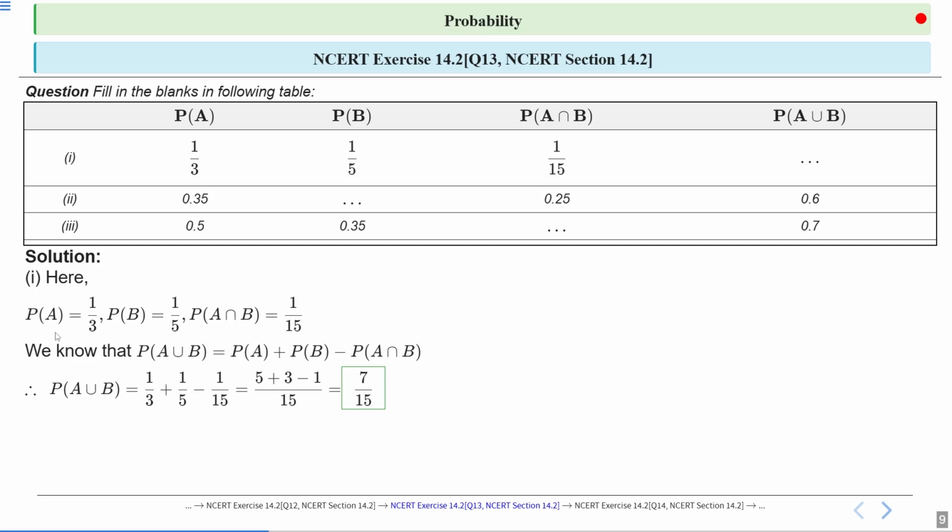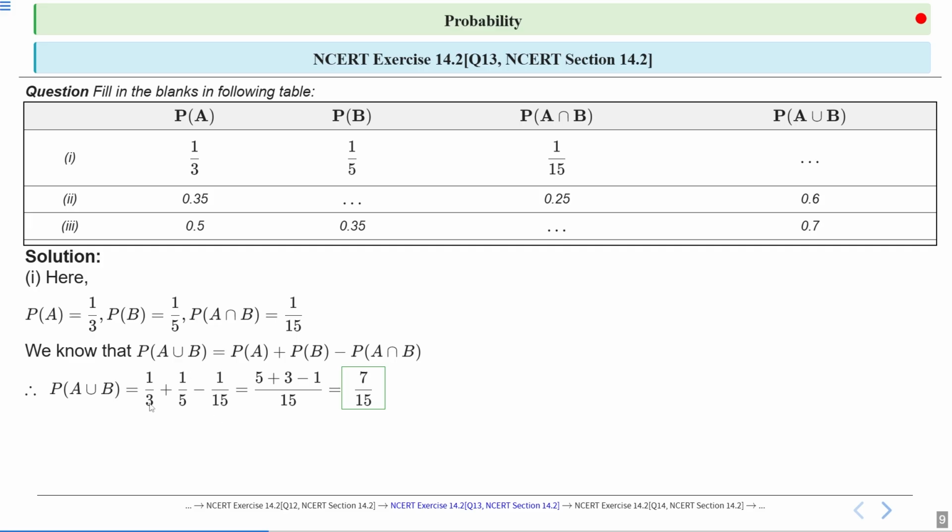Now put the values of probability of A as 1 by 3, probability of B as 1 by 5, and probability of A intersection B as 1 by 15 in this formula. Then we obtain probability of A union B equal to 1 by 3 plus 1 by 5 minus 1 by 15.